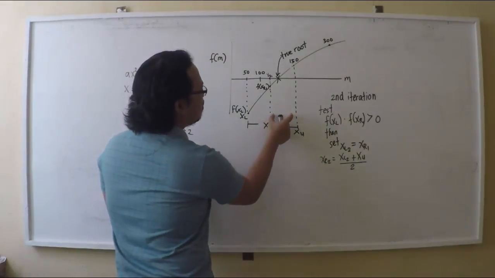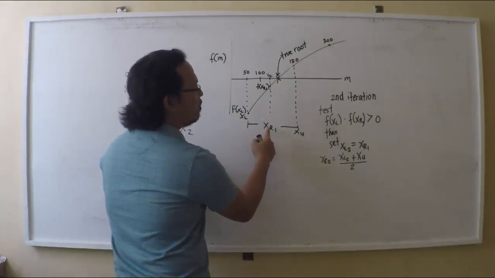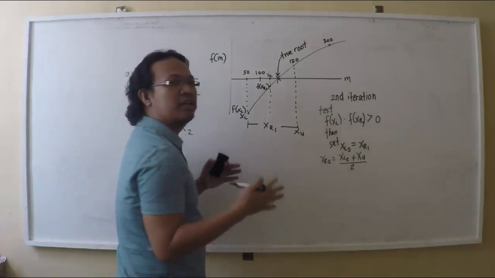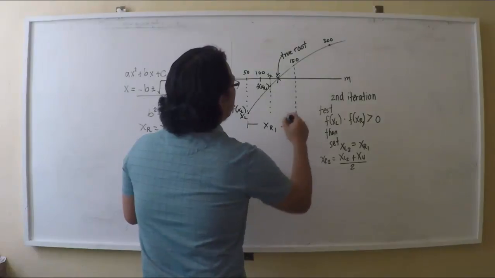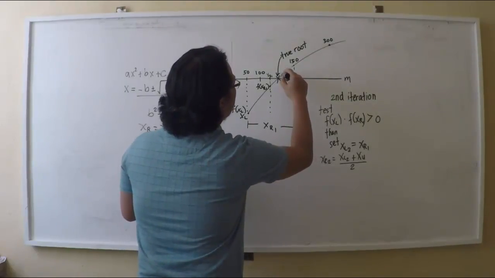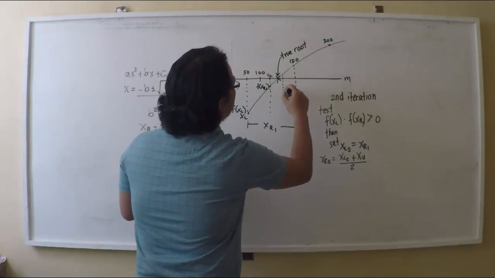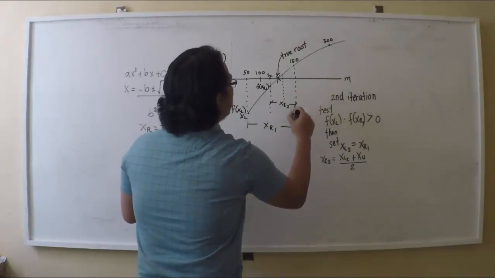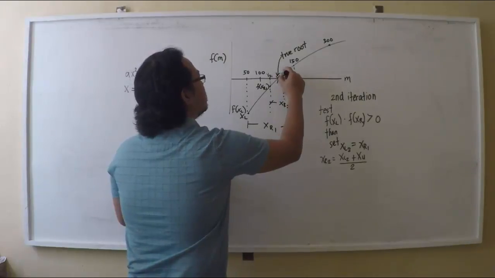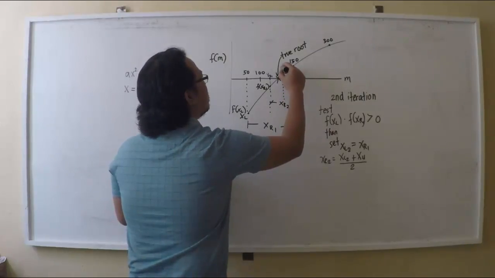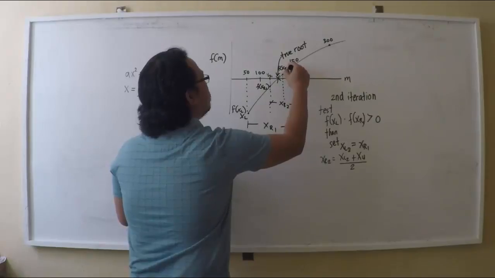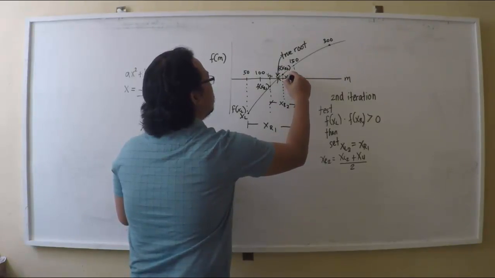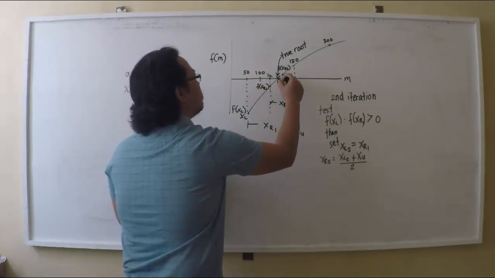This is now the new lower boundary here, because this is not the root, this is the real root, and then you continue farther. This is xr2 at the center, and this is f of xr2, this point here.